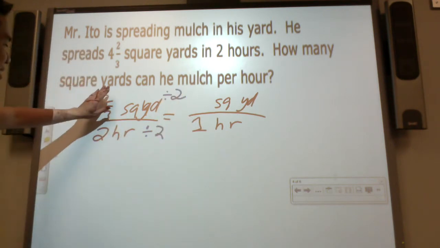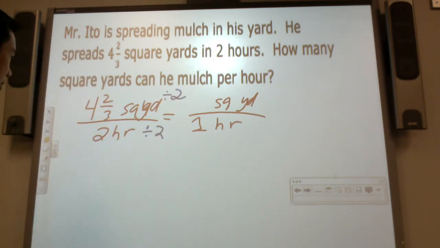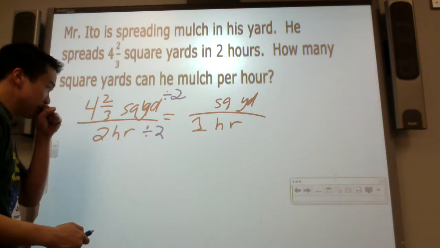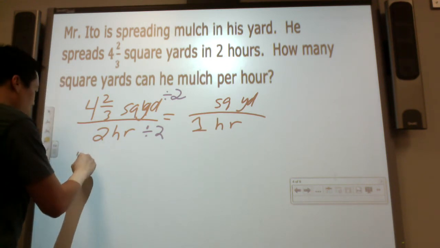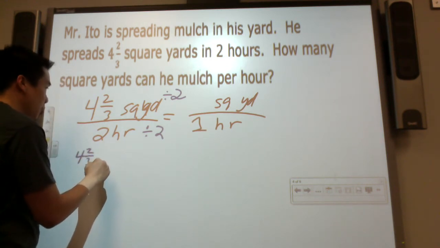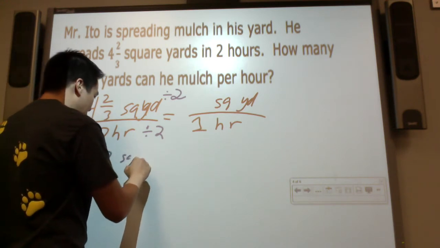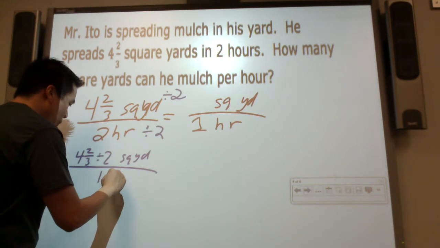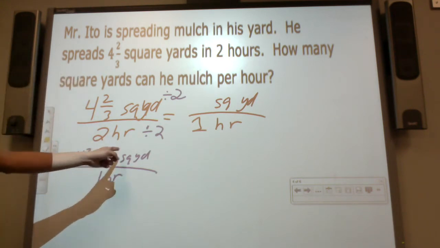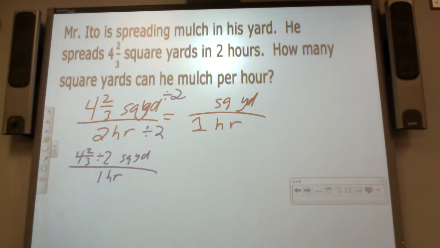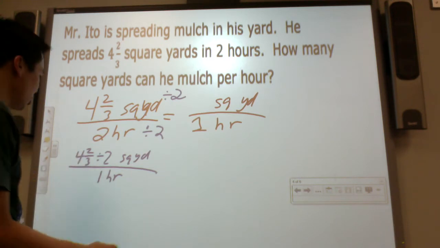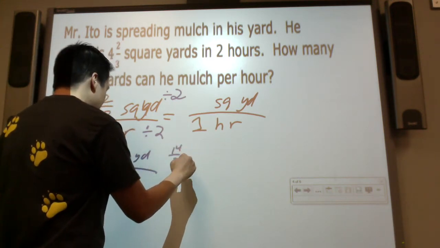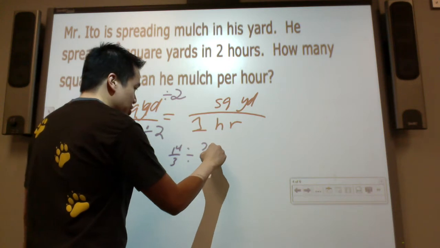So I want to divide this into two groups. So what is 4 and 2/3 divided by 2 square yards? 2 hours divided by 2 would be 1 hour. So I need to solve this. How do you divide again? Oh, turn this into an improper fraction. That would be 14/3. And how do you write 2 as a fraction? 2 over 1.